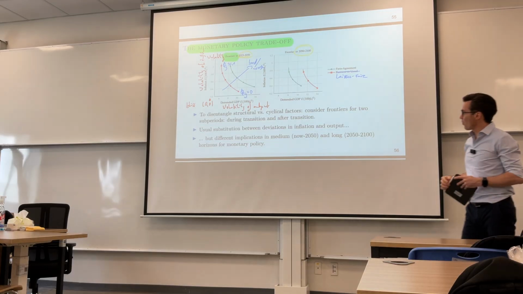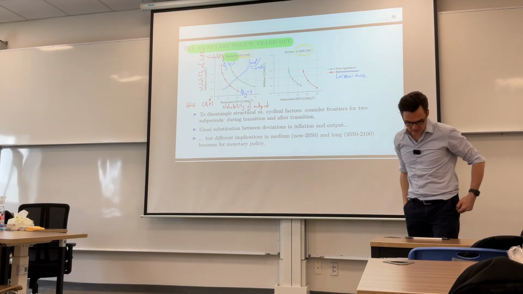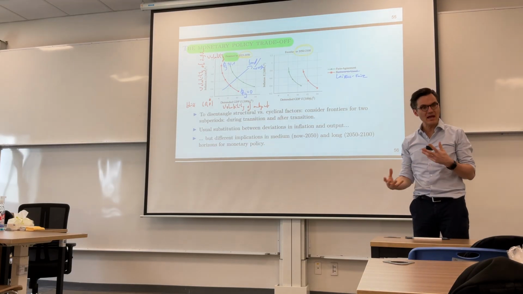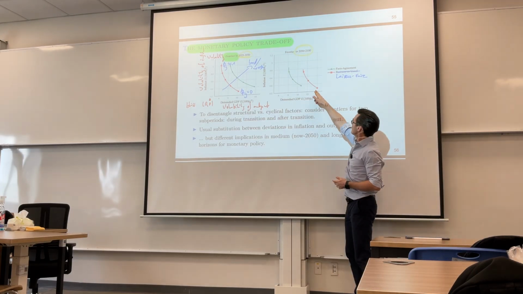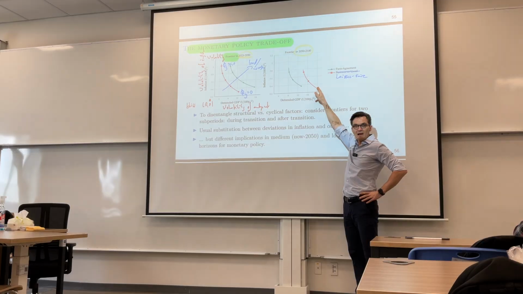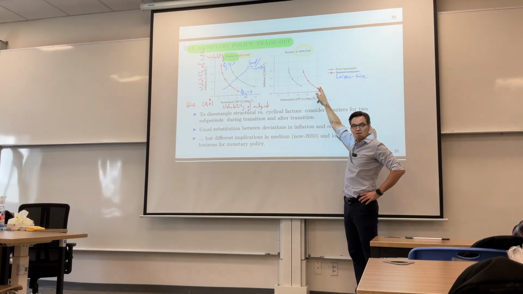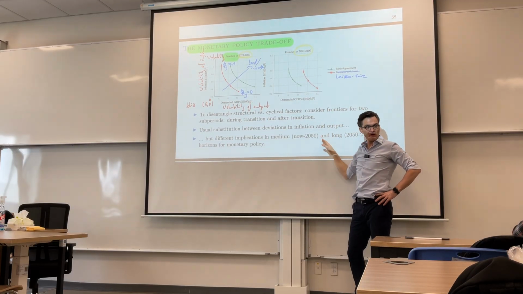And so how can we make sense of this? Why would this actually be the case? Well, notice that in the later sample, the laissez-faire economy is an economy where output has deteriorated a lot because of structural forces.